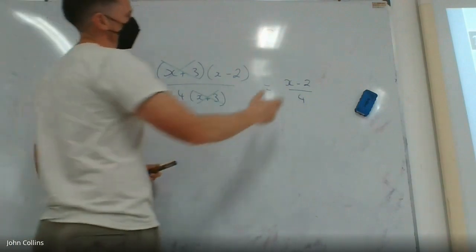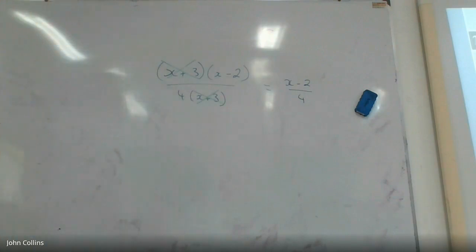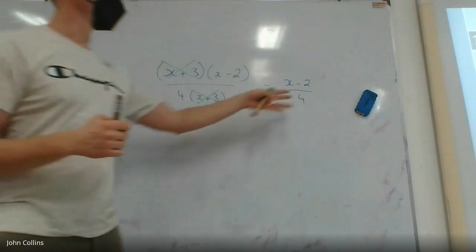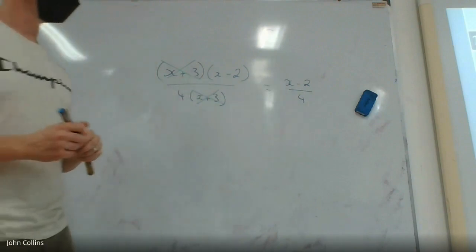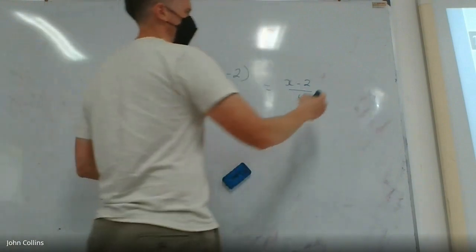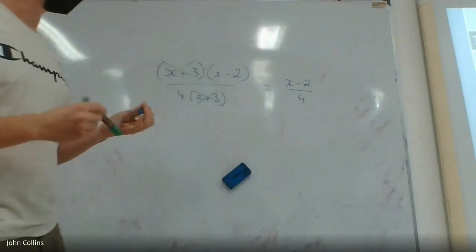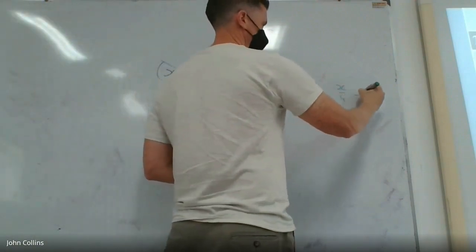The temptation is with the 2 and the 4 here. But this time the 2 isn't multiplied by the x. It's not multiplied by everything else. It's separate with the minus. If you wished, and you don't have to, I'm going to put this in green because you don't actually have to, you could separate that into x over 4 minus 2 over 4.